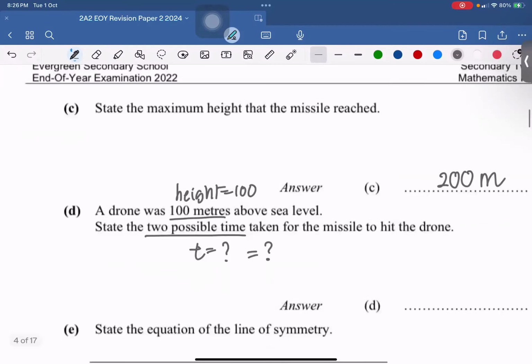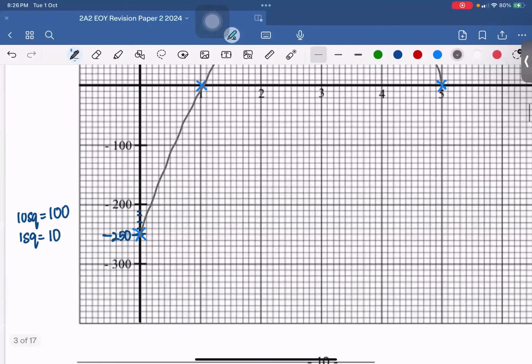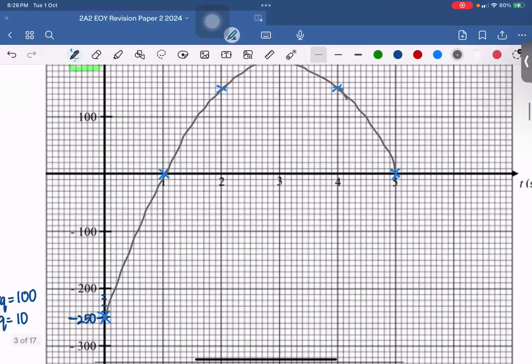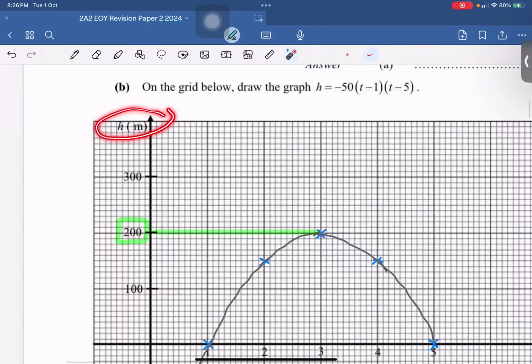For the missile to hit the drone, H is 100. So I go to my y-axis, the H here, look at the 100, then I draw a line across and see where is the point of intersection, where it meets.